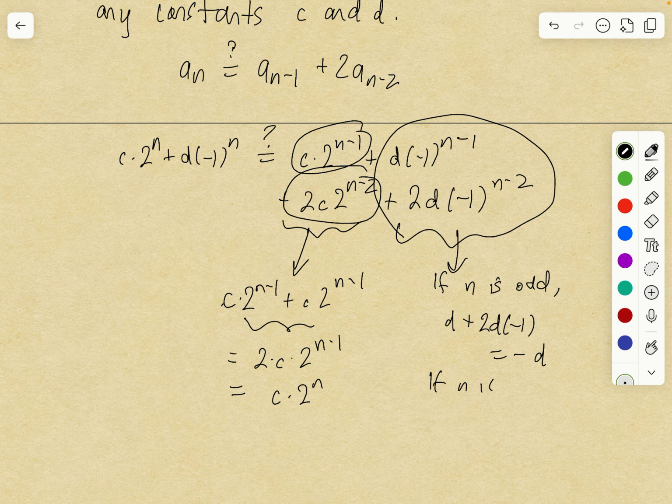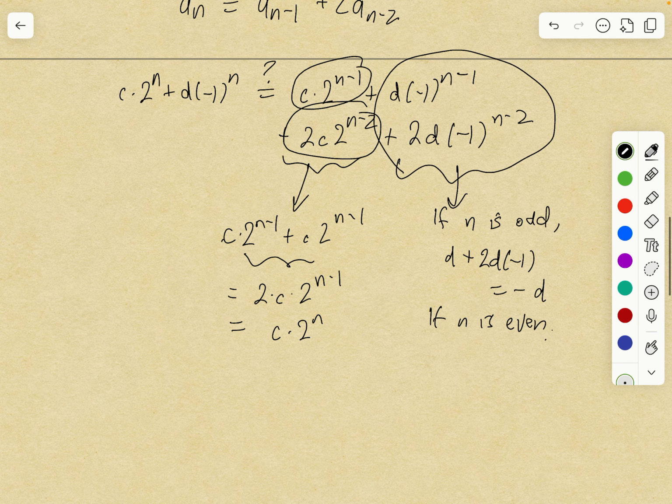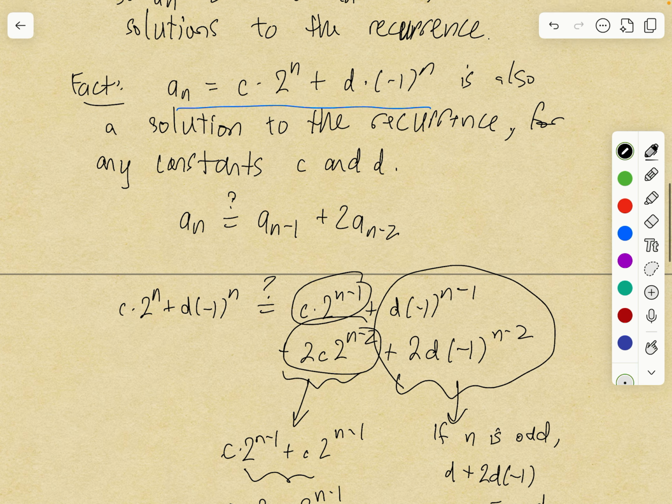And if n is even, then you get d times negative 1 plus 2 times d, which is equal to negative d plus 2d, which is d, and that matches the left side again. So that works, but I think there's probably a cleverer way of doing this. Well, either way, in this example, we can see that it works.